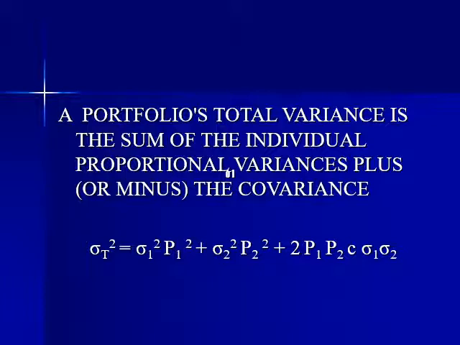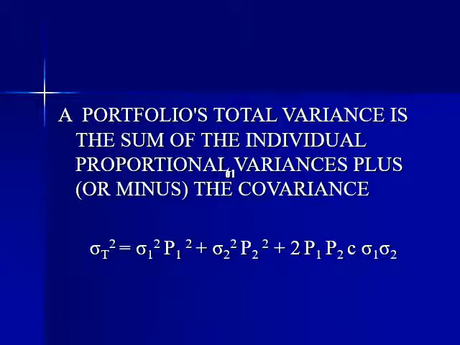Now, when we look at a portfolio's total variance, in other words, its variability, it's a little more complex, because a portfolio's total variance is the sum of the individual proportional variances plus or minus the covariance. So if we look at this, we have sigma big T squared, which is the variance, if you remember your terminology from statistics.